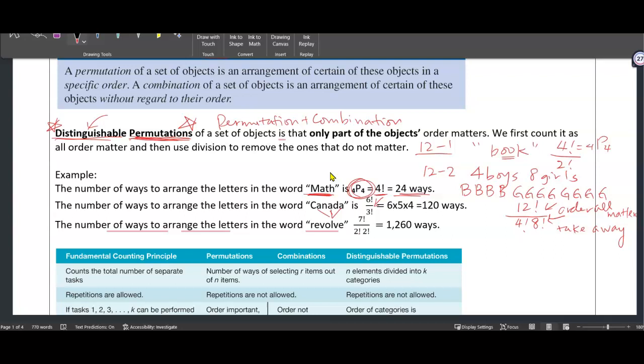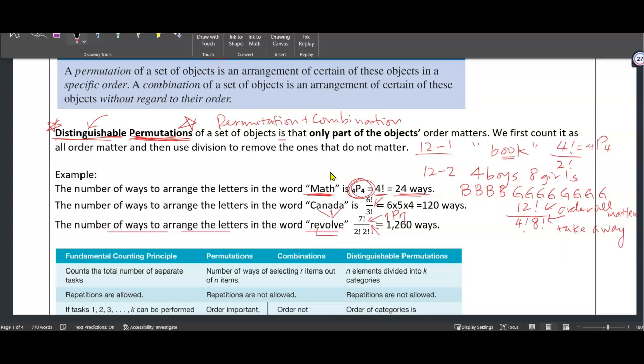The next example is rearranging the letters in the word revolve. We count it as all order matters. 1, 2, 3, 4, 5, 6, 7, so 7 letters in the word revolve. Then 7 factorial means 7 permute 7, which means order all matters. Then we use division to take away the part where order does not matter.